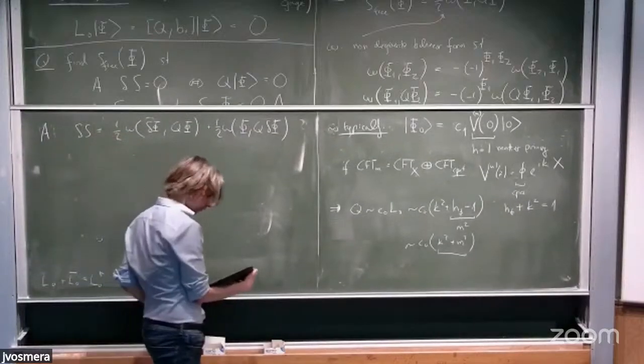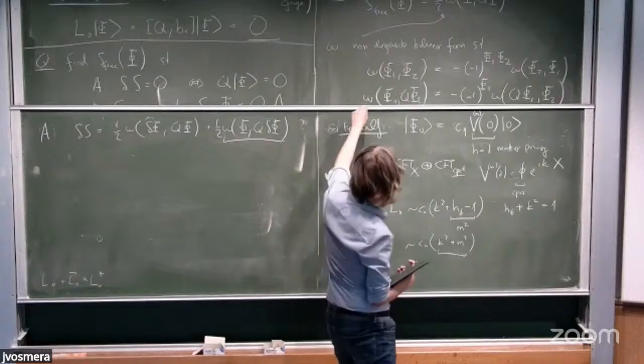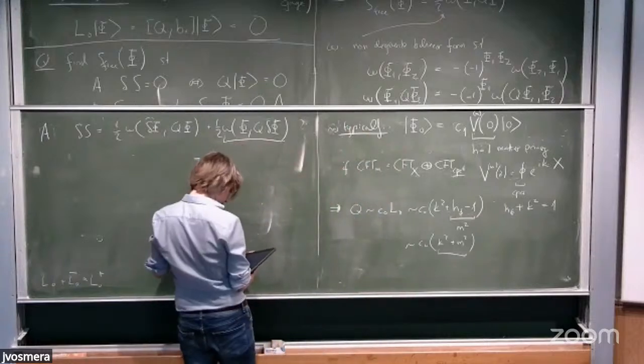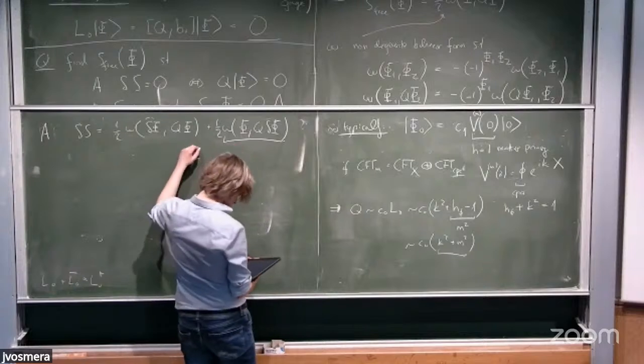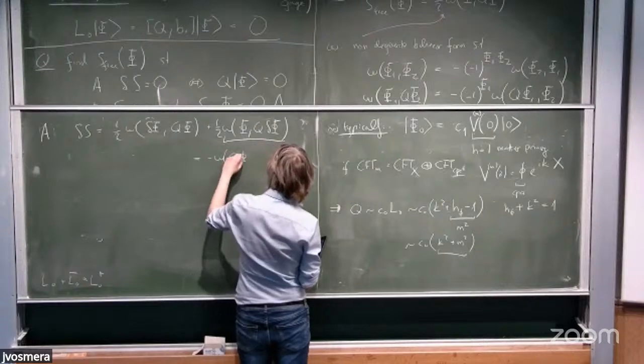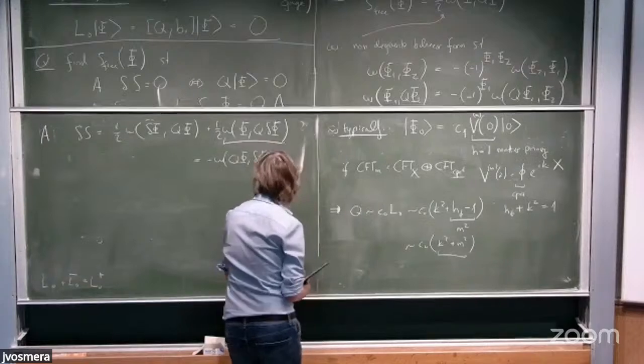In the second term, what I can do first is use the second property, the BRST invariance, to rewrite it as minus omega Q phi, delta phi.